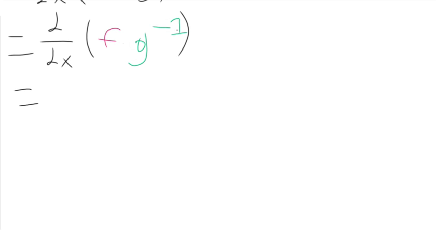So, using the product rule, first thing is we keep the first function, so that's f, and then we multiply by the derivative of the second function. I'm not gonna work that out yet. I'm just gonna leave it as d/dx of g to the negative first power. I apologize if all my shades of colors aren't exactly the same.